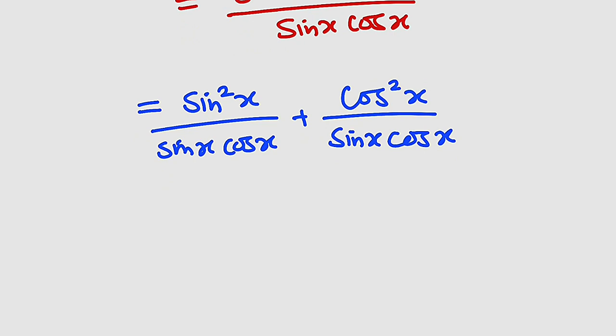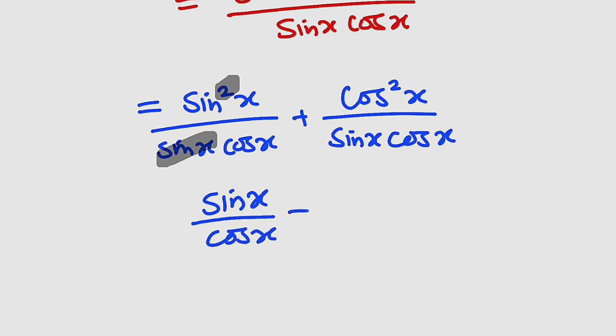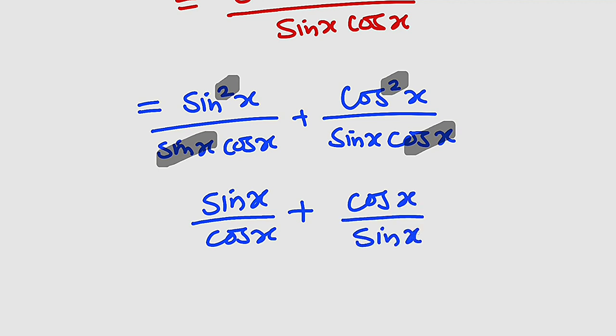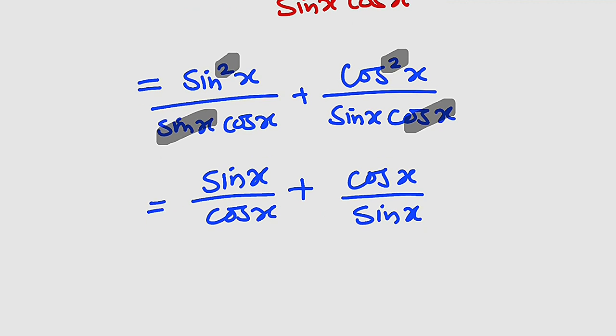From here, you can see that one sine x can go into this one only one time. So to the top, we still have 1 sine x divided by cosine x, plus the same thing here. You can see that 1 cosine x will go into this one time. So we have cosine x divided by sine x. What can you remember about these two?